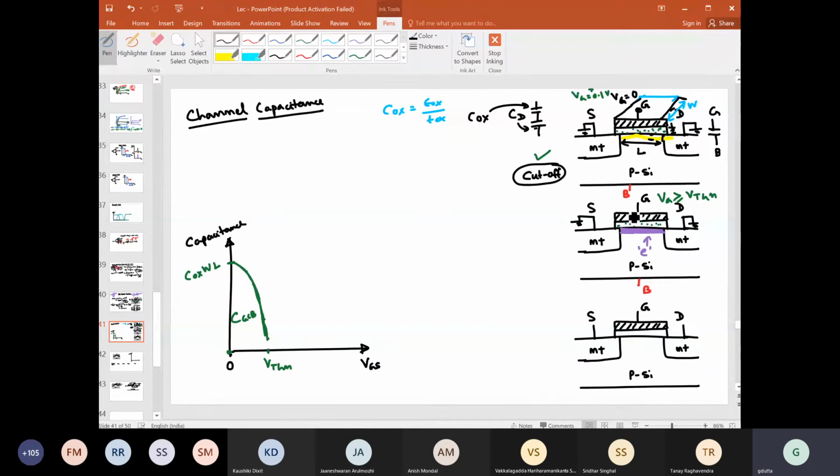Whatever electric field is generated when you apply a positive voltage will be totally terminated in this region. So nothing will come below that, right? So what will happen? The capacitance of this CGC.